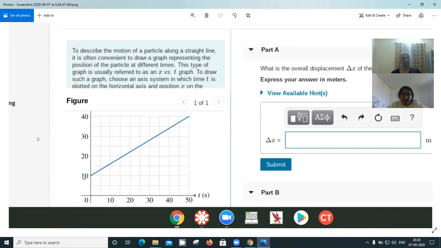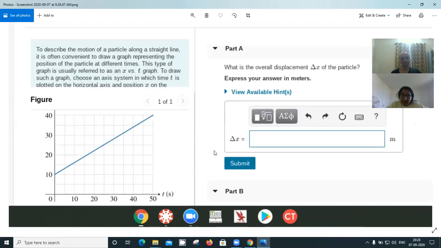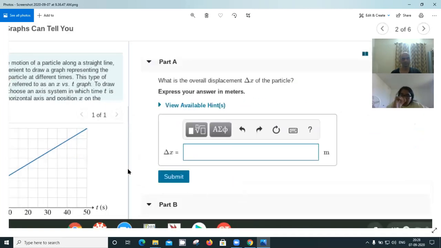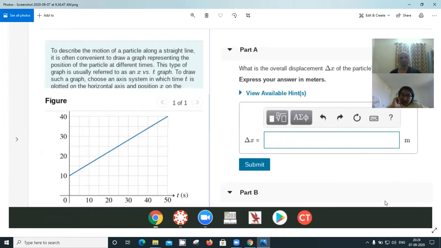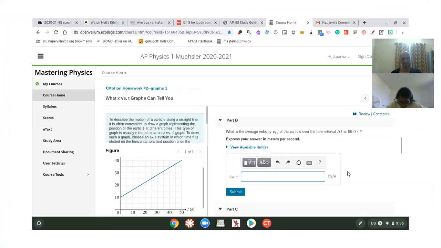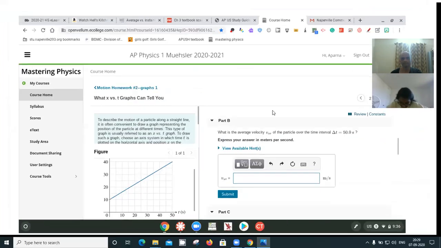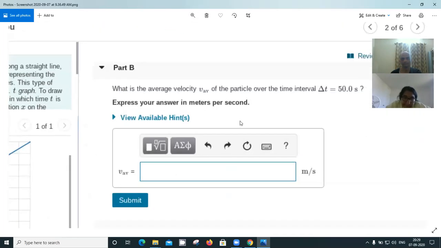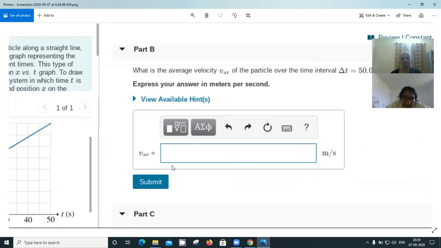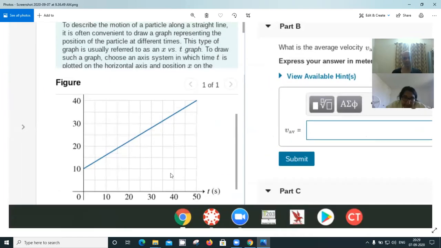Yes, that's correct. Okay. What is the average velocity of the particle over the interval of change in t is 50 seconds? So we need to find the average velocity of the whole thing. So average velocity is delta x by delta t.